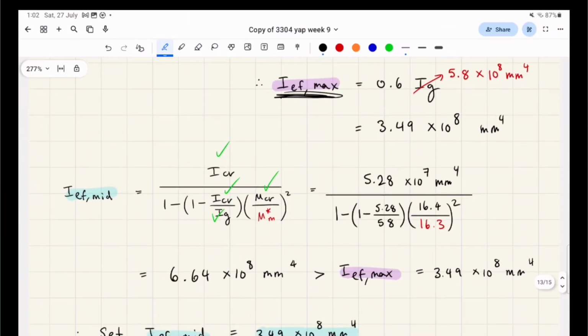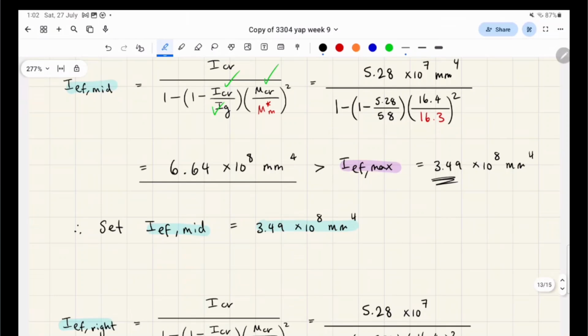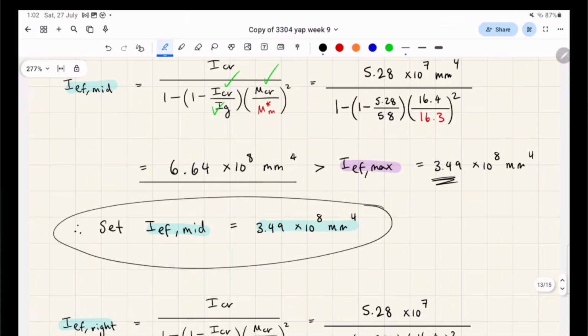But the value we get for the mid value of effective moment of inertia is 6.64, but that's greater than what is allowable because of our tensile steel ratio, right? So we have to set it to be at the cap. So we've set the middle one as this now.